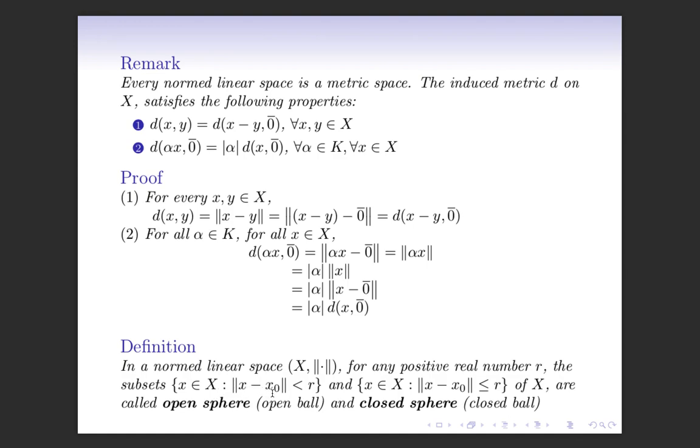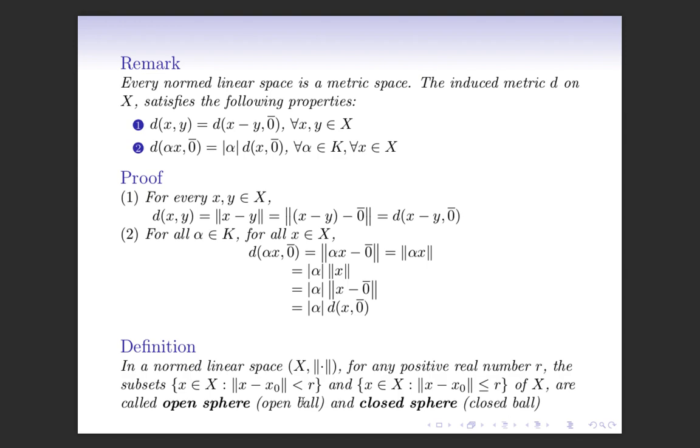of X minus X naught is strictly less than R is called an open sphere with center X naught and radius R, because in a metric space in place of norm of X minus X naught we write D of X comma X naught, and since by definition of D, D of X comma X naught is equal to norm of X minus X naught, here we can define an open sphere in a normed linear space in this way.